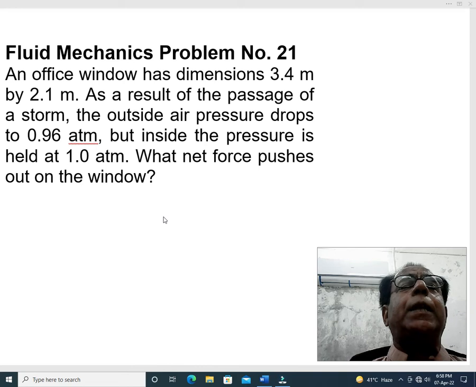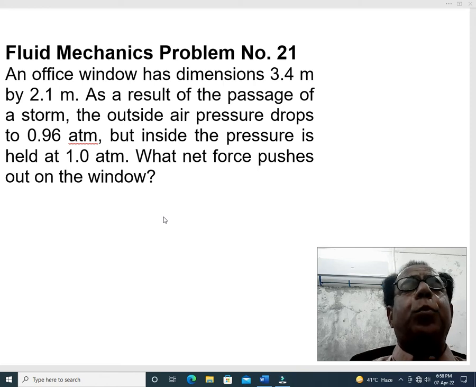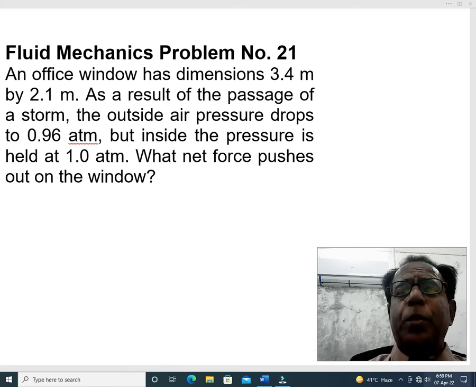So we will take one of these pressures as inside pressure, which we will denote by I, and the other as outside pressure, denoted by O. And net pressure will be inside pressure minus outside pressure.